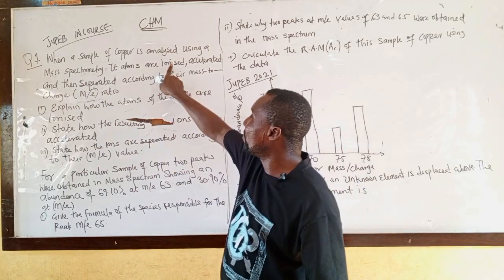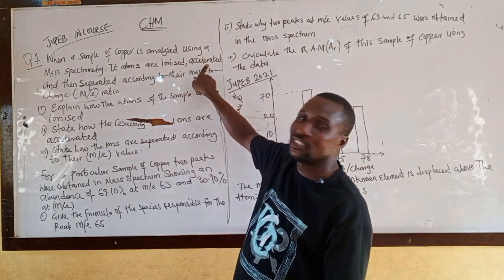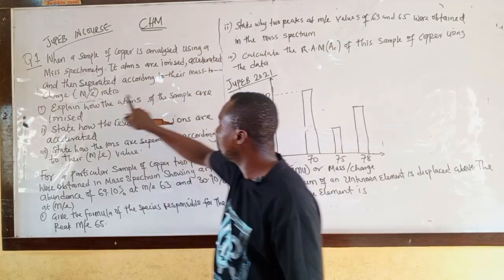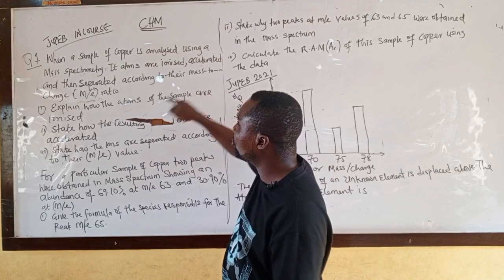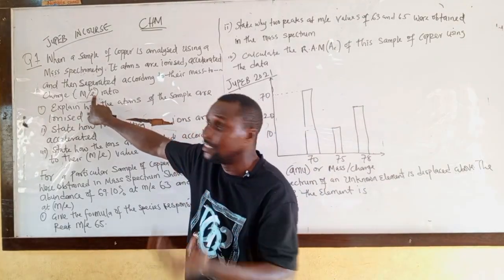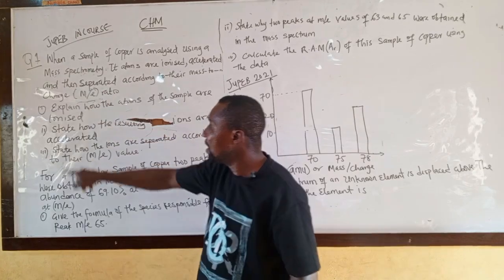There are 3 stages: the ionizer stage, the accelerator stage, and the deflector stage, that is the separation stage, according to their mass to charge ratio. They use E here, I use Z. It's the same thing, mass to charge ratio.